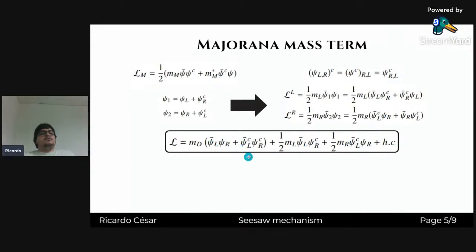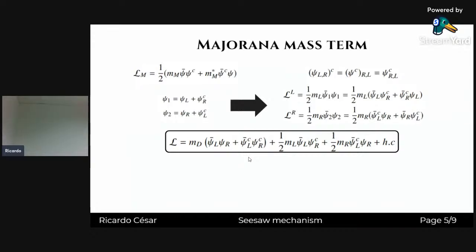showed before. These terms here, the second one, which is left C, right C, it becomes right, left. Okay? Because you need to have left, right, right, left here.